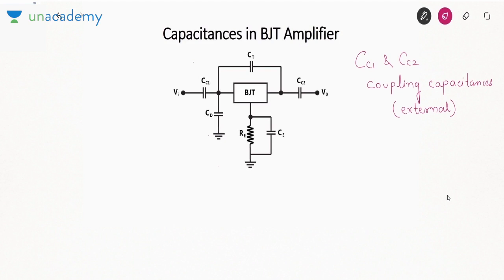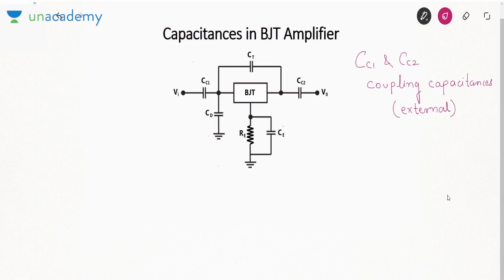So these capacitances become short circuited in AC, and that is how the input signal and the output signal get connected to the amplifier. So if you have to define in one line, what you will say? Coupling capacitors connect the source and the load to the BJT amplifier. They are coupling the source and the load to the amplifier, hence they are called coupling capacitors.